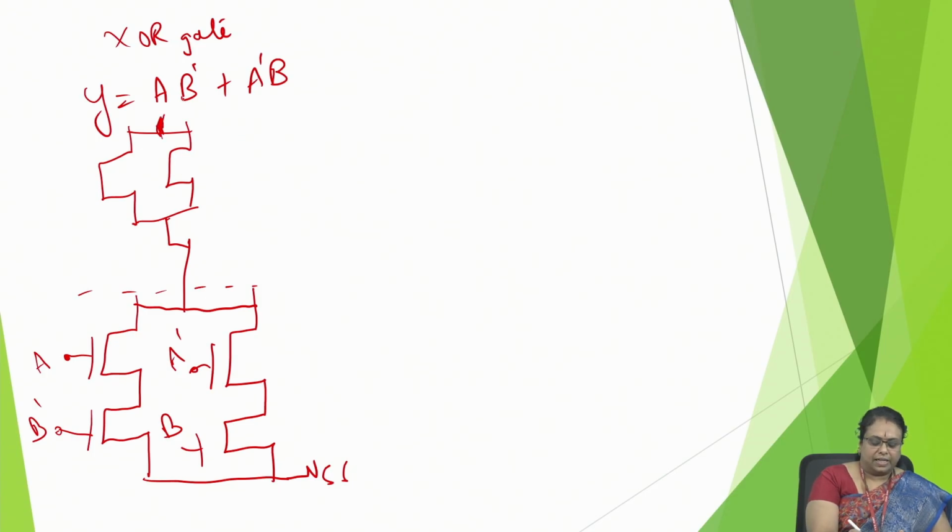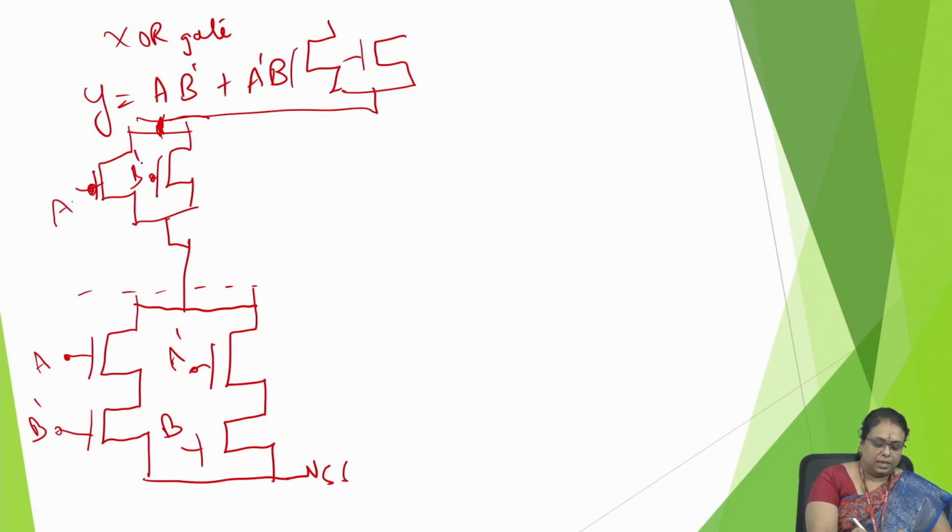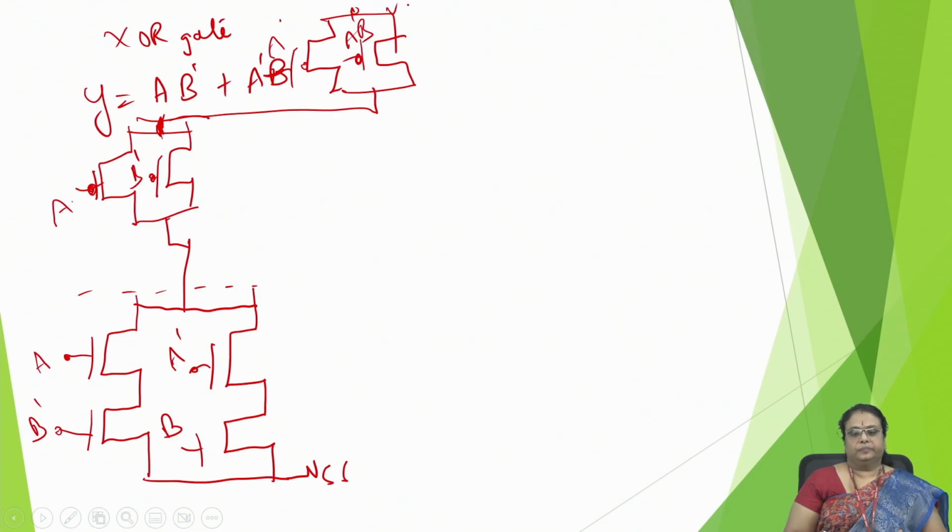So on the upside there is another logic with the combination of, suppose this is A B bar, this will be A bar B. These are PMOS transistors connected in exactly complementary form of the pull up.